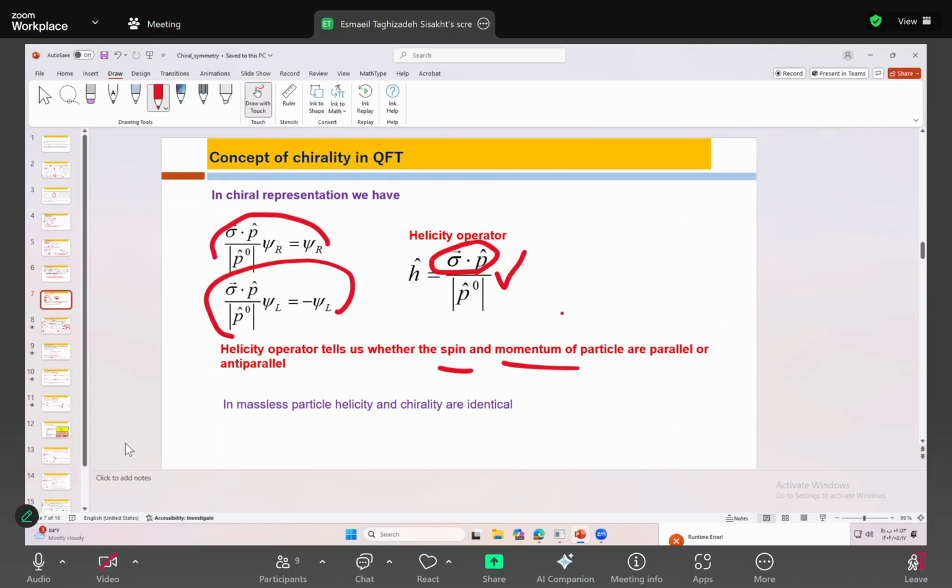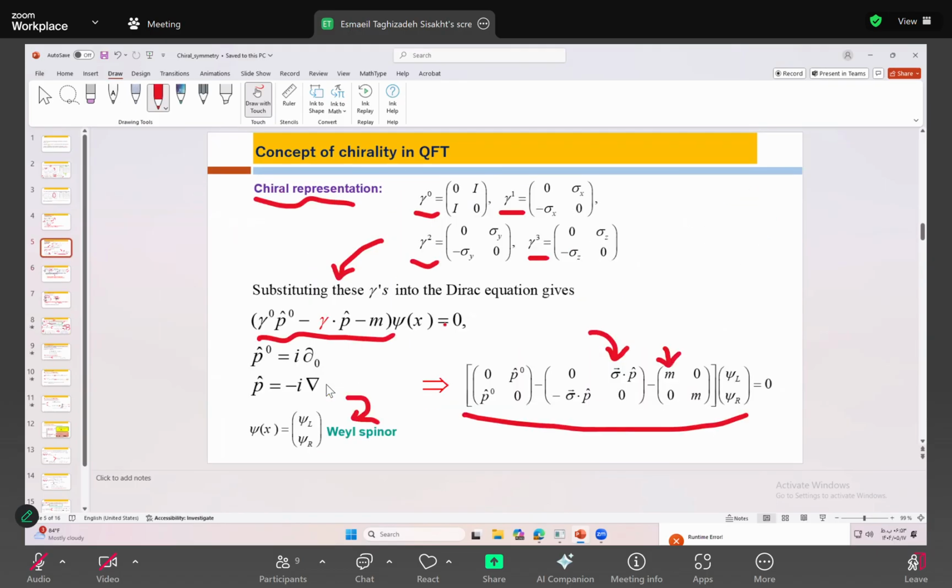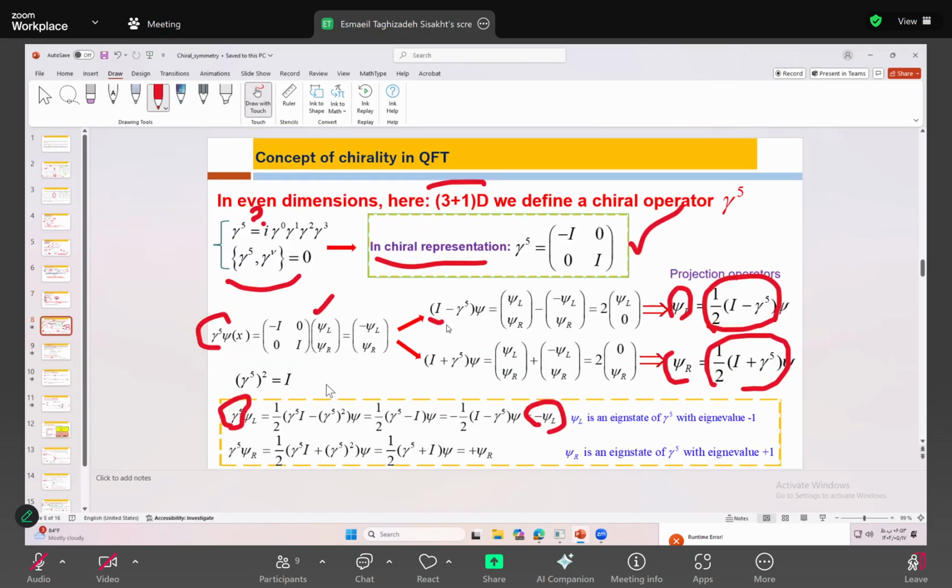The form of the operator is quite clear here. You see, let me show you.